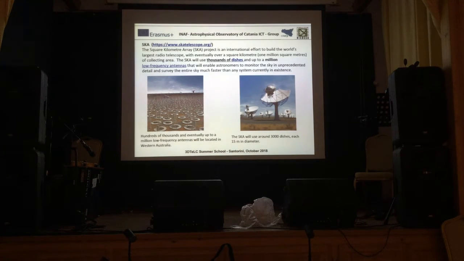It will have about 1,000 dishes, like in the right picture, and millions of low-frequency antennas to study the universe and to understand many things about dark matter and dark energy. You can imagine the effort we have in terms of visualization of the big data that we need.